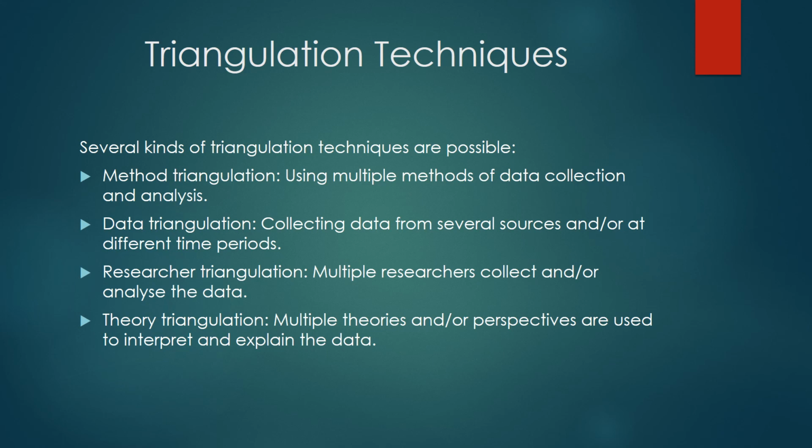Data triangulation is the collection of data from several sources and at different time periods. In researcher triangulation, multiple researchers collect and analyze the data. And in theory triangulation, multiple theories and perspectives are used to interpret and explain the data.